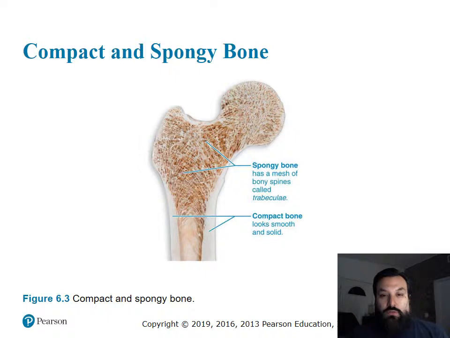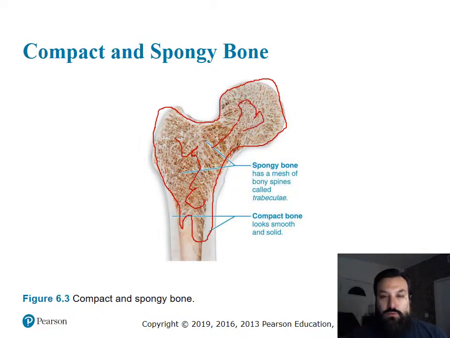Okay, so all of this area, even here, and I'll draw an exterior line here, all of this here would be considered spongy bone. So they'll all be considered spongy bone itself. You can see the trabeculae there. You can see these different pieces that look like shards of bone, and that would be considered spongy bone.